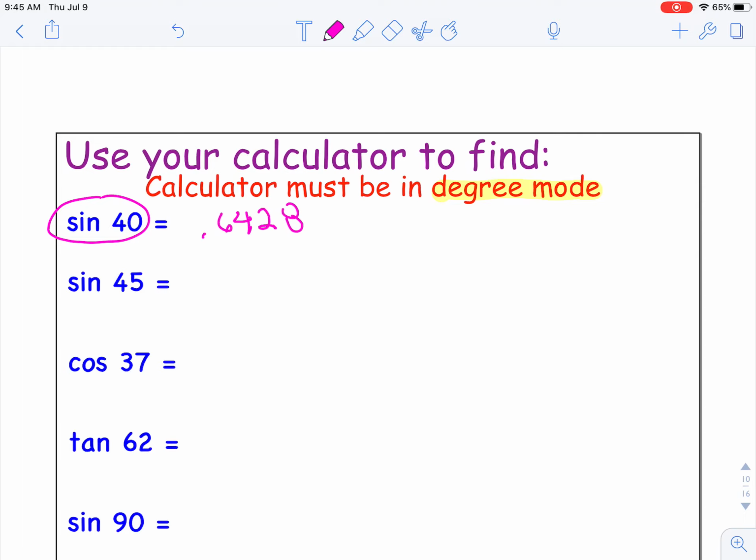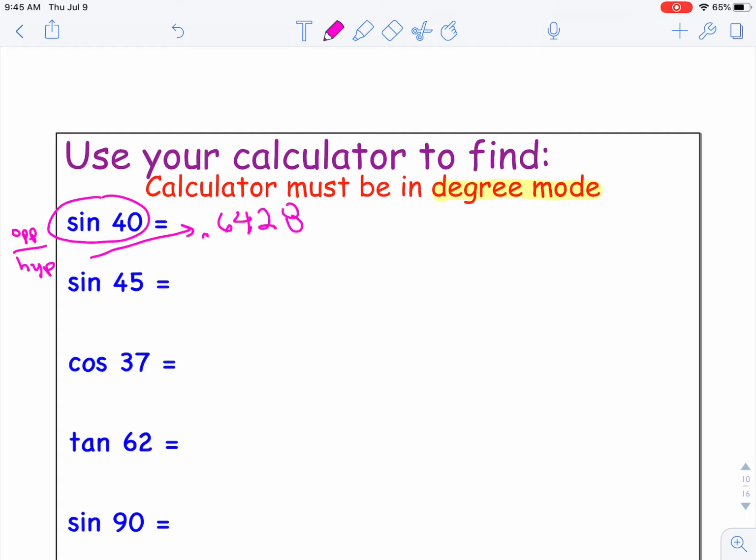Actually, we're going to use the whole thing when we are calculating in general, but if you are going to get a decimal, you should probably go out to about 4 places. So if you go back to what we did, that matches what I wrote down, because for every 40-degree angle in a right triangle, when you divide the side that's opposite by the hypotenuse, you'll always get that ratio. Again, the ratios of sides are proportional no matter how long our sides are, because our triangles are similar.